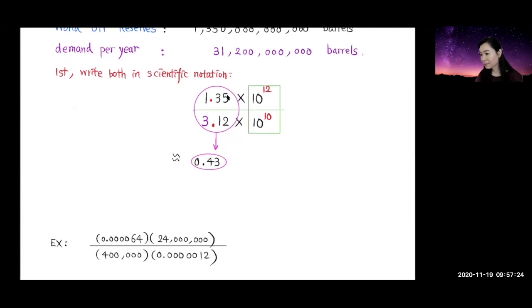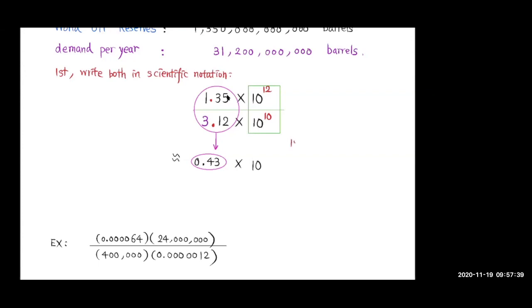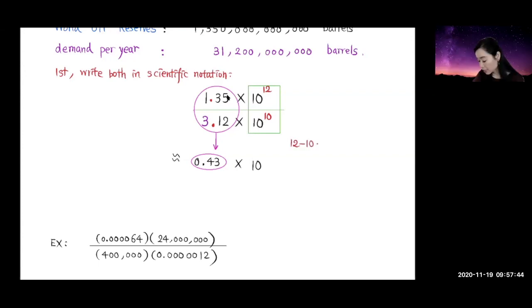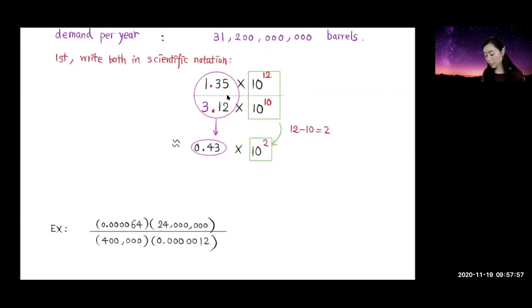Remember when they have the same base and you divide, what do you do with the exponents? Subtract the exponents. Yes, you got it. So times 10 to the what power? 12 minus 10, that's 2. So that will be the exponent over here.